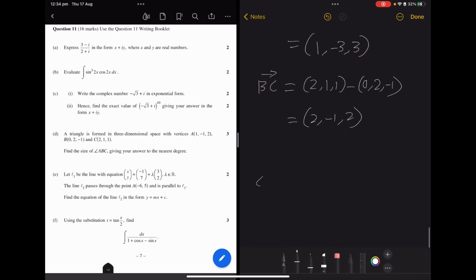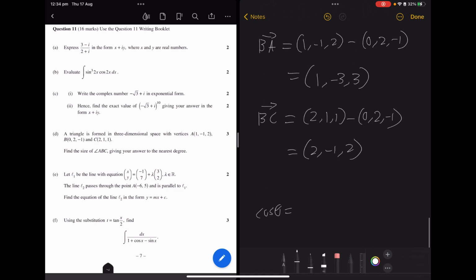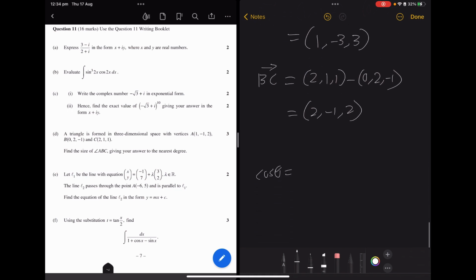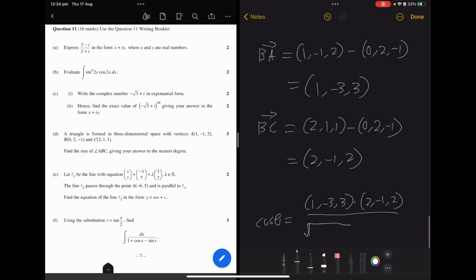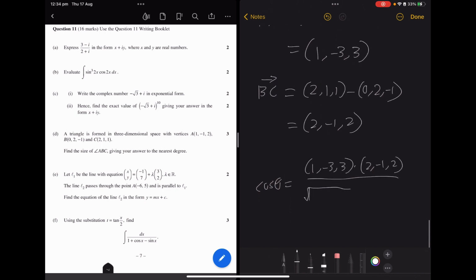So cos theta is equal to (1, -3, 3) dot (2, -1, 2) over the magnitudes. The magnitude of BA is the square root of 1 squared plus 3 squared plus 3 squared. That's technically negative 3 squared, but it's the same thing.